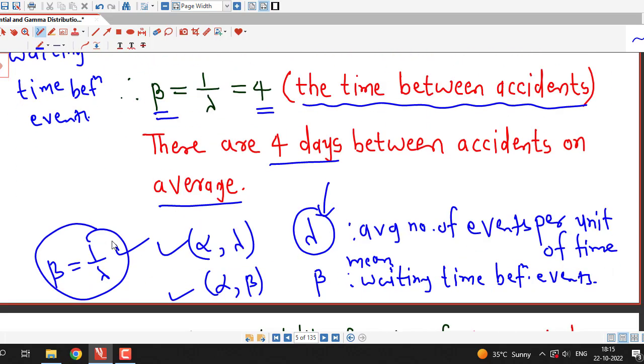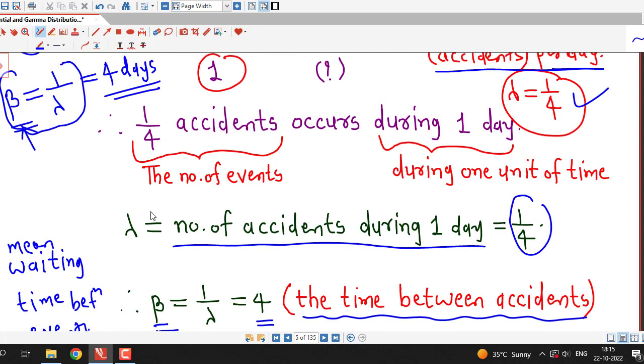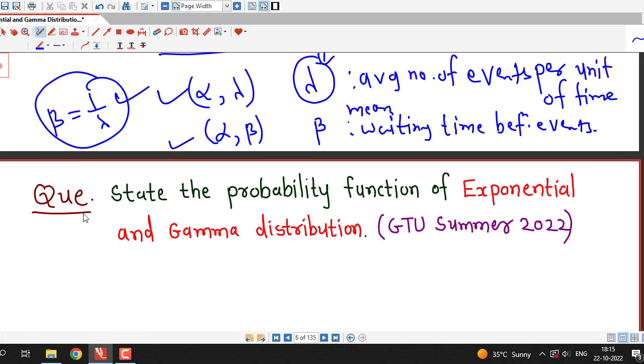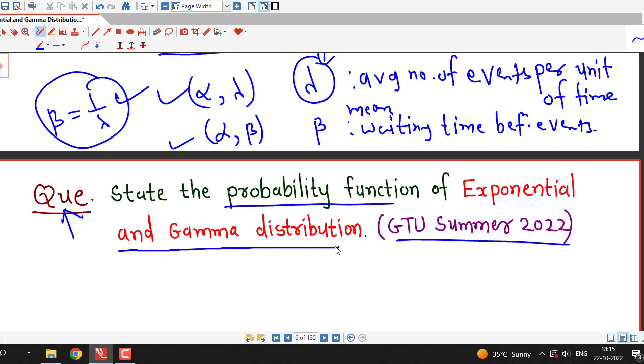In upcoming lectures we will discuss questions related to the gamma distribution, and we remark that they sometimes ask for probability functions of this type of distributions. In summer 2022 there was one question about the probability function of exponential and gamma distribution.